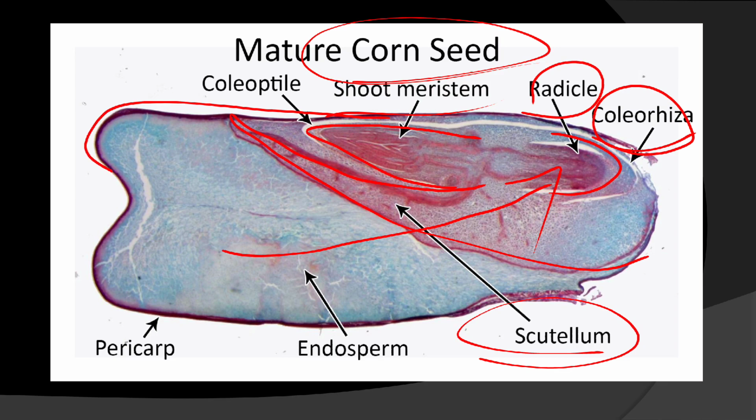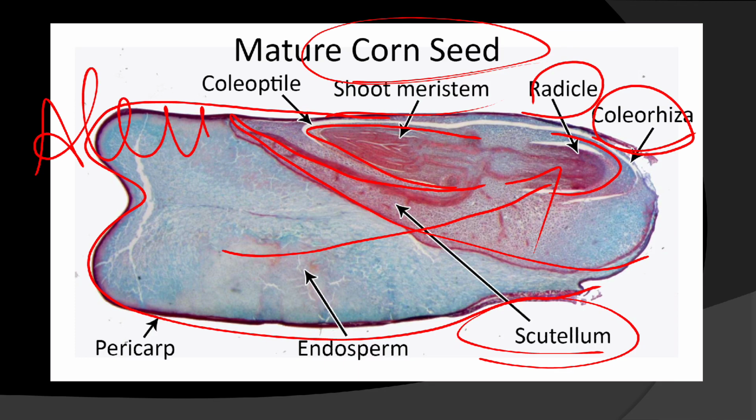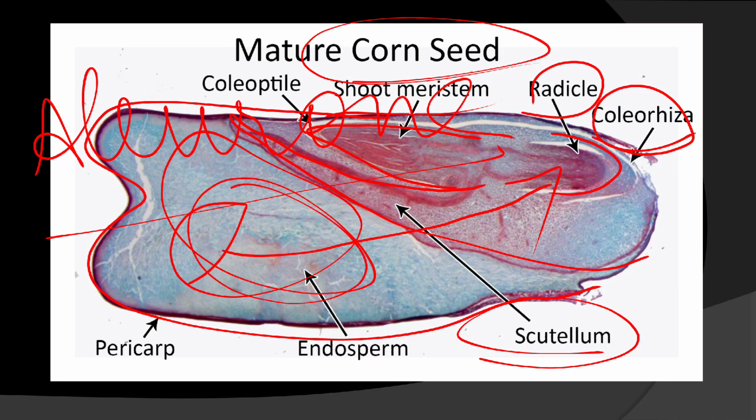The outer layer is called aleurone layer because it is made of protein. Okay. Outer layer is called aleurone. It contains protein, or you can say it is made up of protein. Whereas here in the center, endosperm is present that contains the starch.